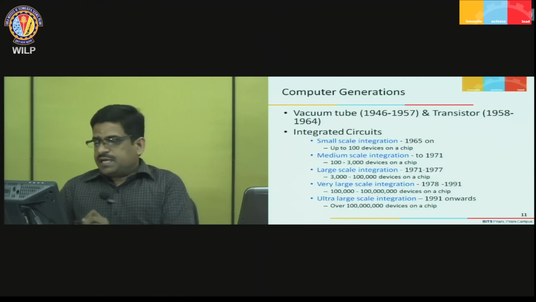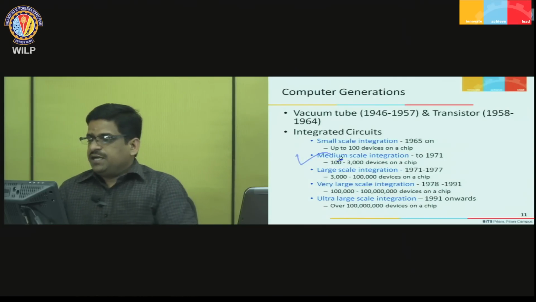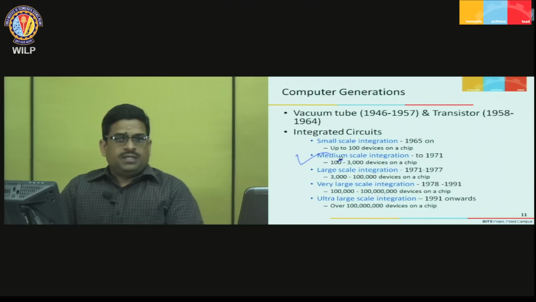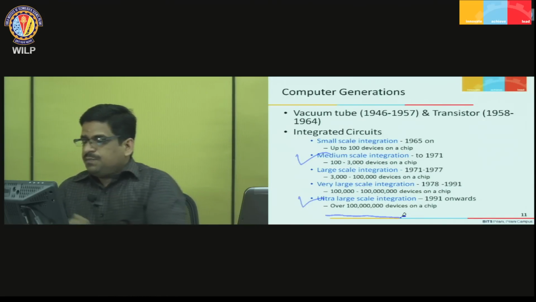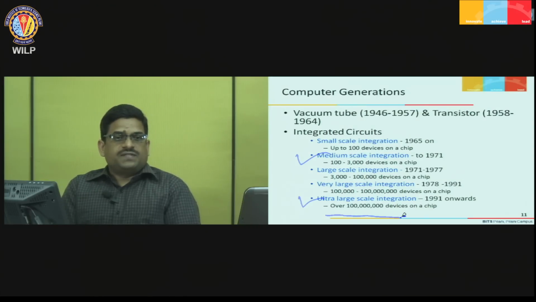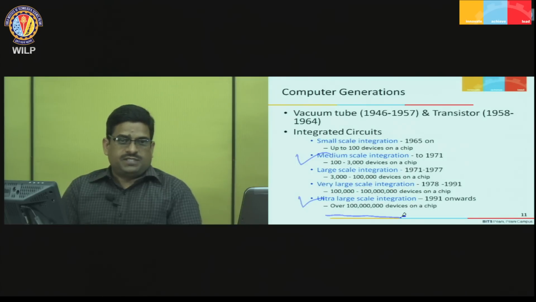Later developments in IC technology were medium scale integration. As the technology improved, the number of transistors, the basic devices, that could be put on a single chip increased drastically, and accordingly the technology is called small scale integration, medium scale integration, large scale integration, and very large scale integration. From 1991 onwards, millions of circuits can be put on a single chip, which makes more and more powerful processors possible nowadays.